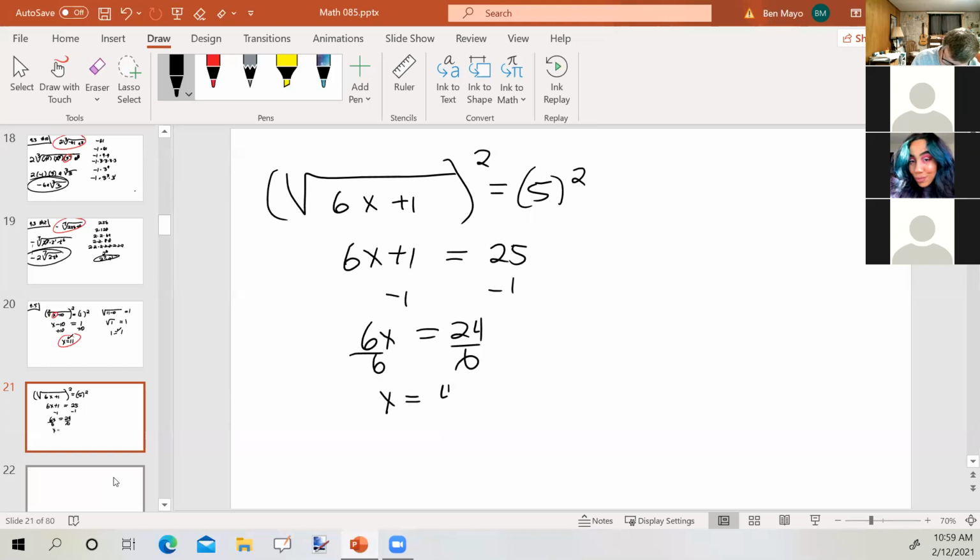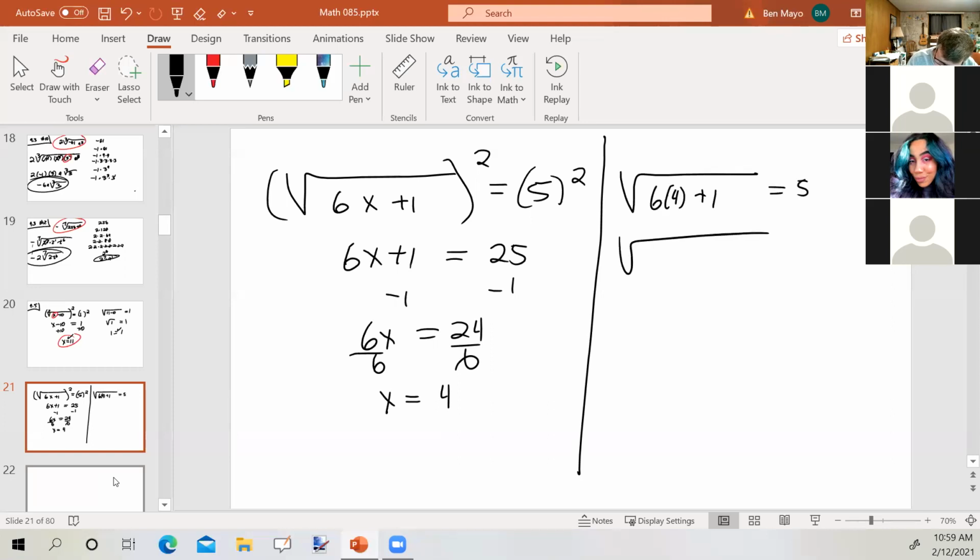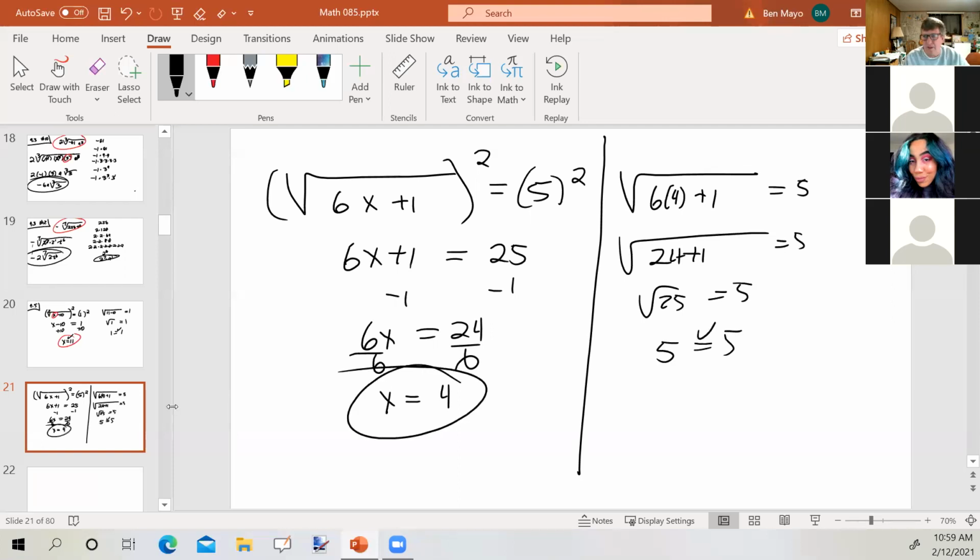Divide both sides by 6, and x equals 4. Let's check our work. We have the square root of 6 times 4 plus 1 equals 5. The square root of 24 plus 1 equals 5. The square root of 25 equals 5. 5 equals 5, so it checks. So the answer is correct. Doing okay?